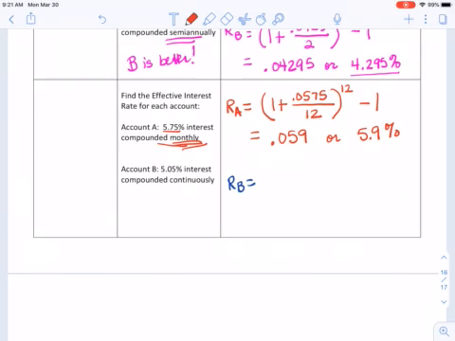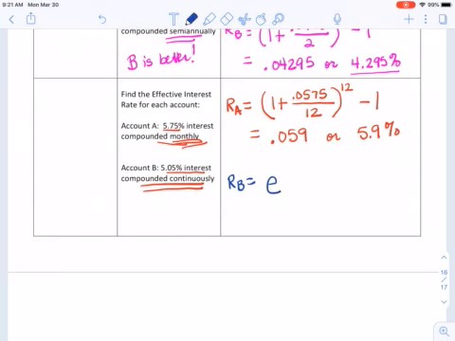Okay. For B, it's compounded continuously, and my interest rate is 5.05. Okay, so for this one, I'm going to use the E to the 0.0505. I'm subtracting 1.